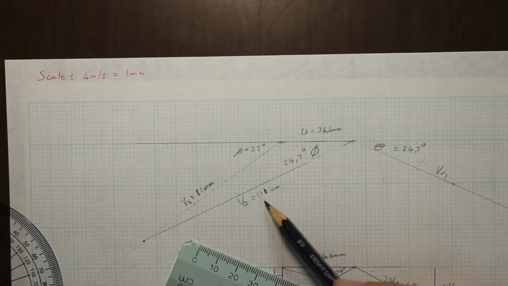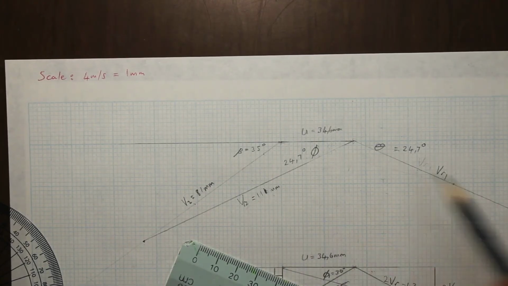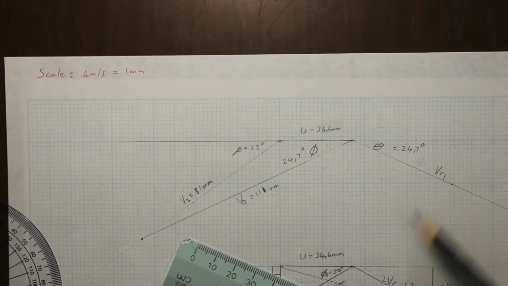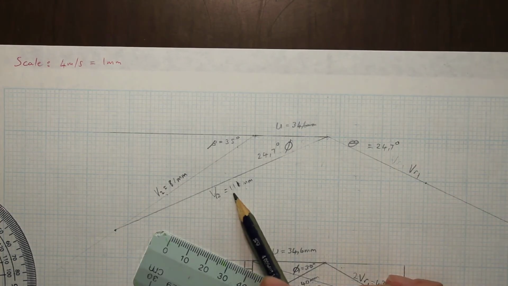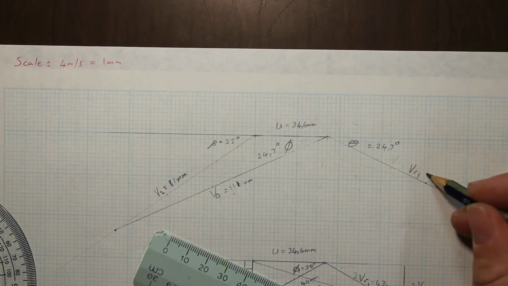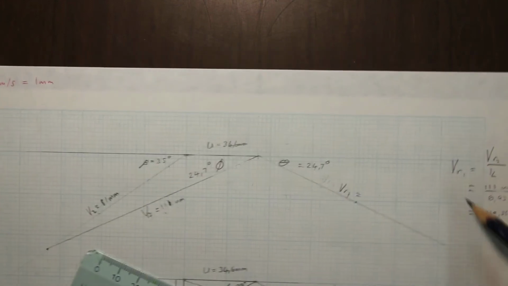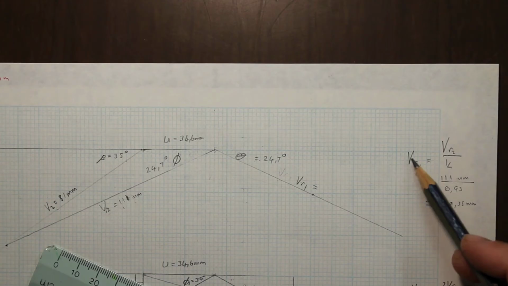Obviously, if we have relative velocity 2, relative velocity 1 has to be greater again, because the steam moved along the blade and lost speed by the time it got to relative velocity 2. So again, we calculate it.